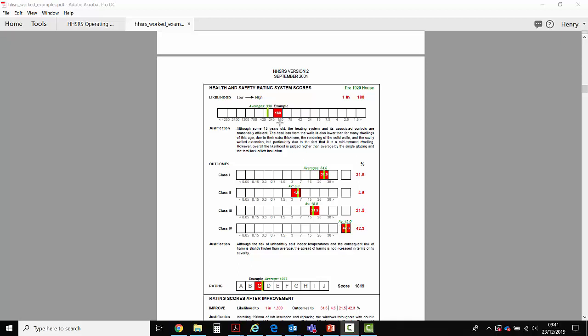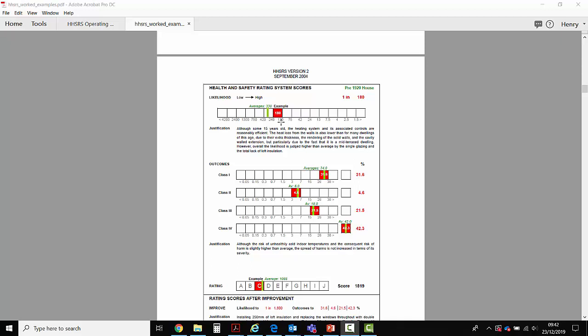It's probably going to have about 100 millimeters of loft insulation in, and so it's maybe 200 millimeters if they put in 2 layers. So if we consider this by national average property, we'd also say that the average property from a Victorian period by now is at least 60-70% of them will have UPVC double glazing. So they have said that their property has a score of approximately 1 in 180.